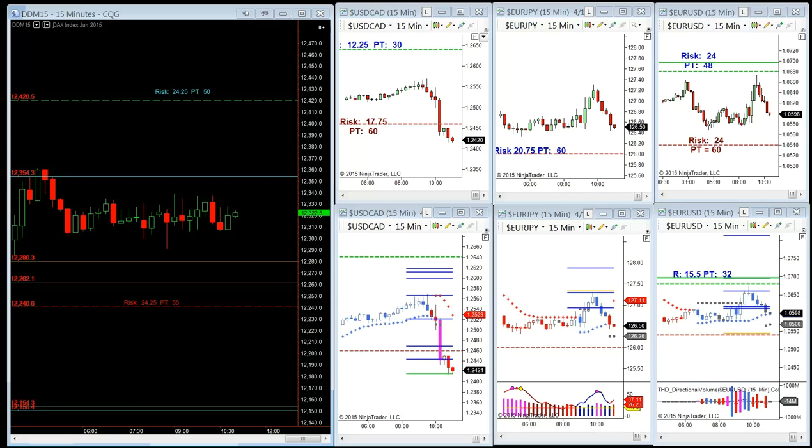You need a wide bar is what you need. And it don't look like we're going to get a wide bar.